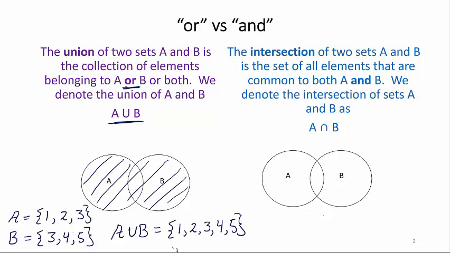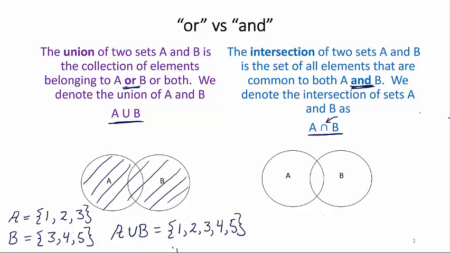All right, now by contrast, the intersection of two sets A and B is the set of all elements that are common to both A and B. The AND statement has a special symbol too. So we denote the intersection of sets A and B as A intersect B, and this is sort of like an upside down U, okay?